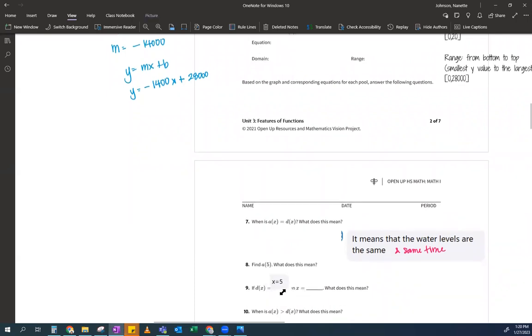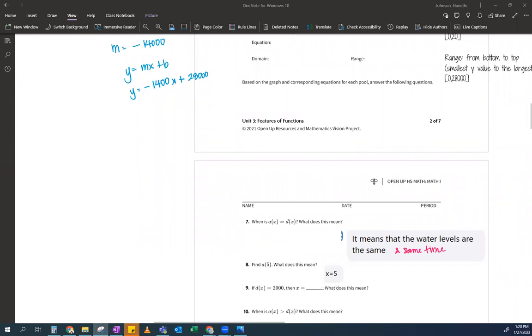Let's make that smaller, right? But what does it mean in terms of the context? Yeah, someone else put it.